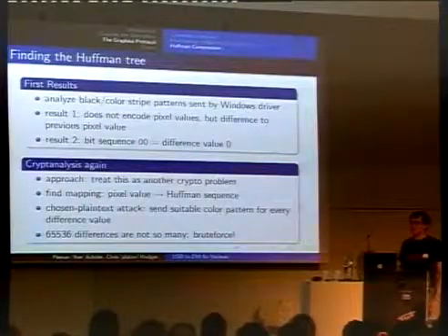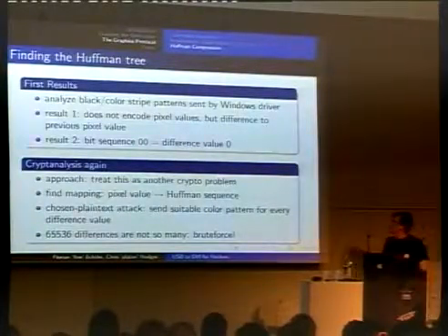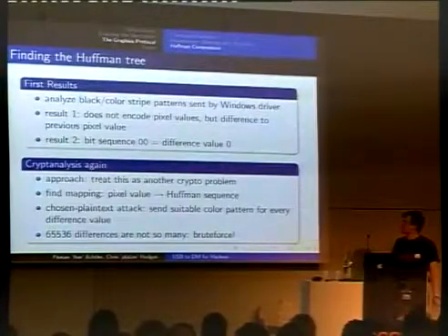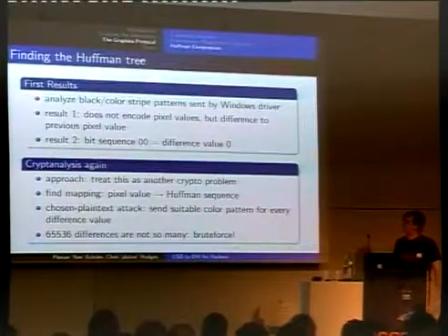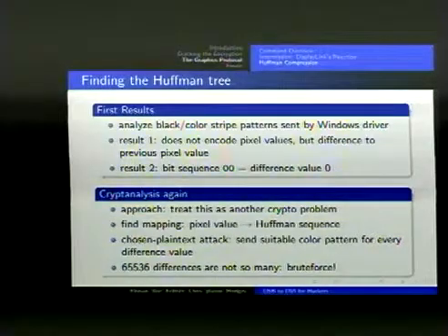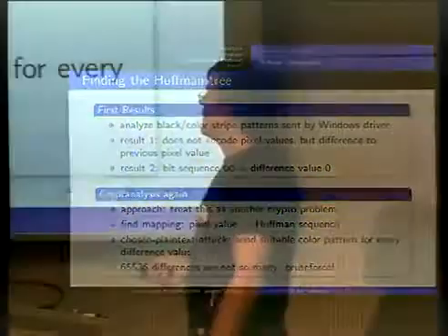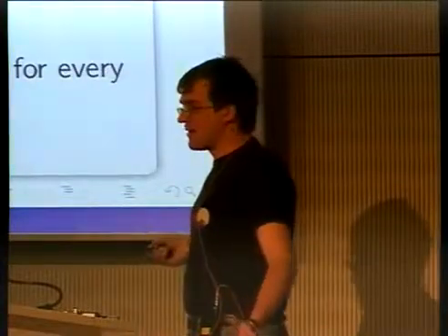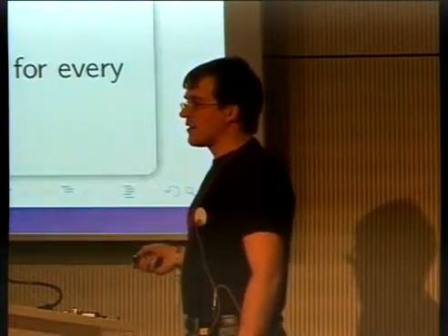Now, the next step was to just treat this as another crypto problem and find the table again, which gives you the Huffman sequence for a certain pixel value, or rather difference value. So we basically tried a chosen plaintext attack, which means we send a suitable color pattern through the Windows driver for every difference value which might occur in the data.